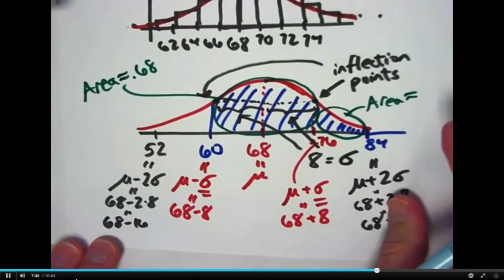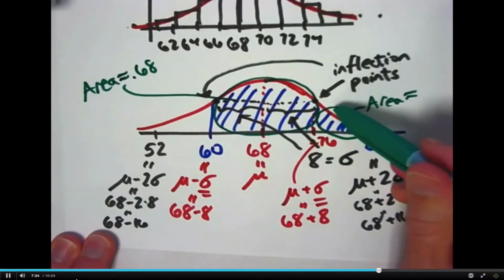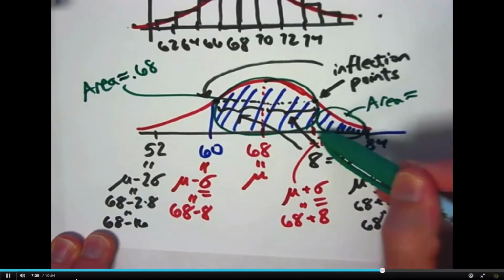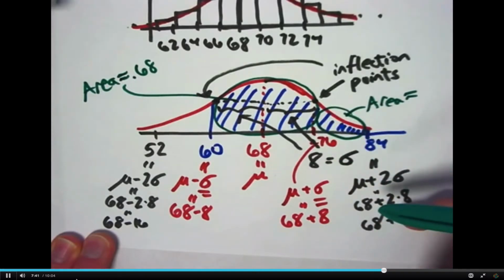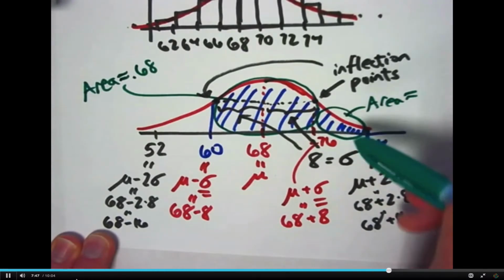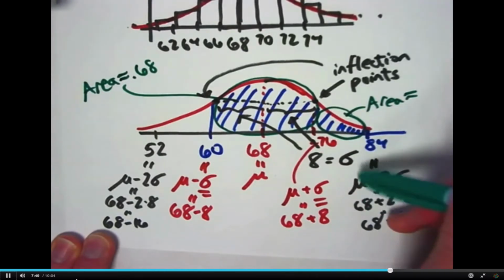Maybe pause the video, see if you can use that information to figure out what this area is right here. Okay, are you back? If you haven't paused it, do so. I really think you should try to figure it out on your own. Now we'll figure it out together.